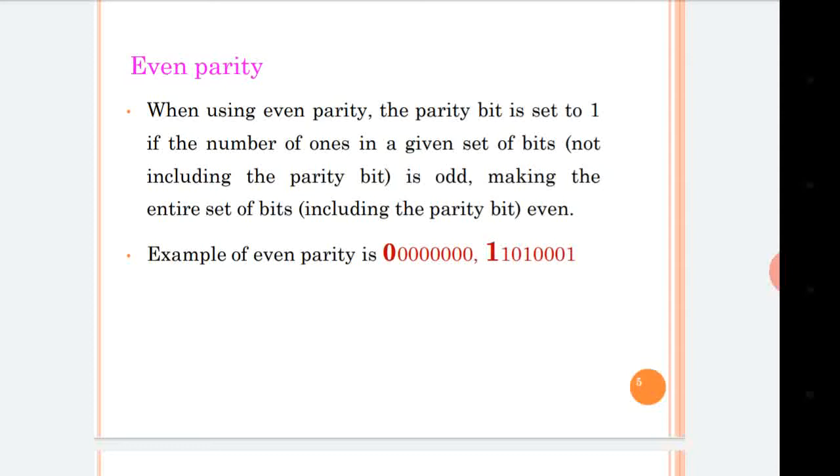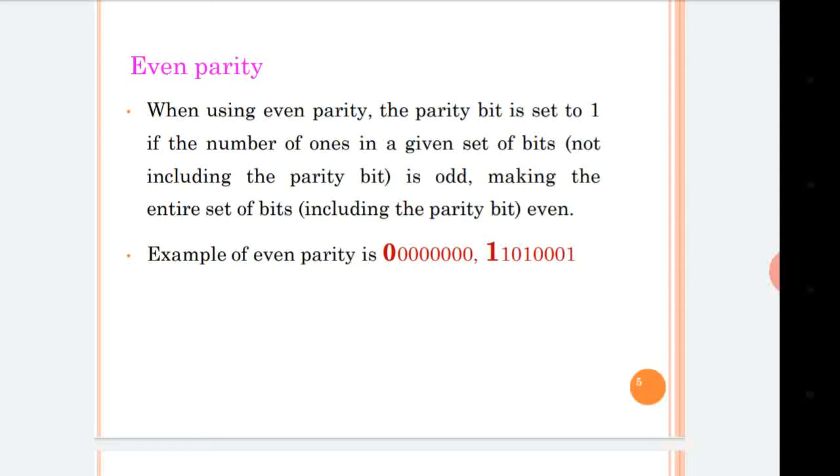So, if we add 1 over there, then total number of the ones will be 1, because 1 will come only one time, but 1 is an odd number and we want an even parity number. So, we cannot add 1 to the leftmost bit, which is called the parity bit. So, in the first example we will add 0, so that total number of the ones including the parity bit will be even.